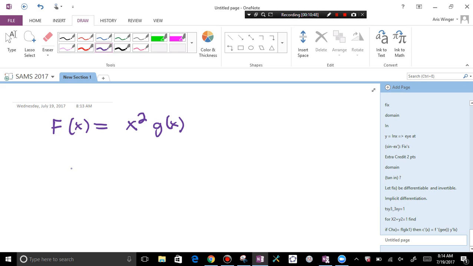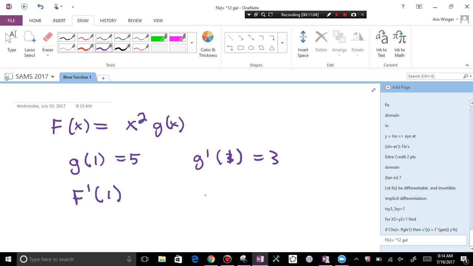And I'm going to tell you that g of 1 is 5 and g prime of 1 is 3. The question is, what is f prime of 1? And you don't need the chain rule on that.